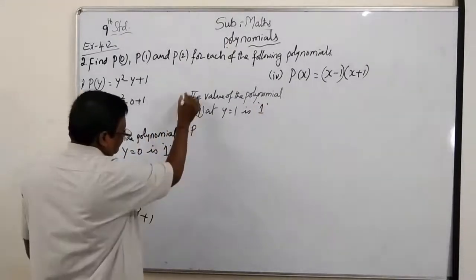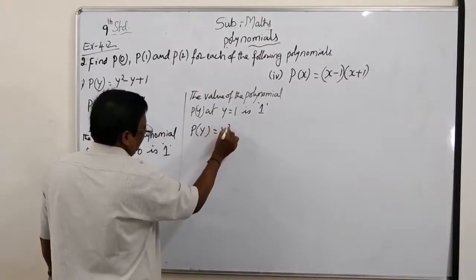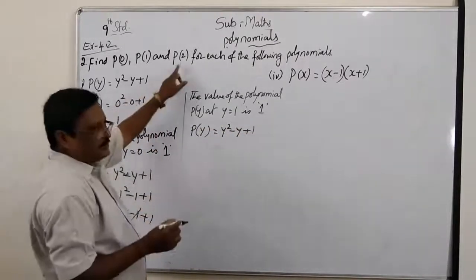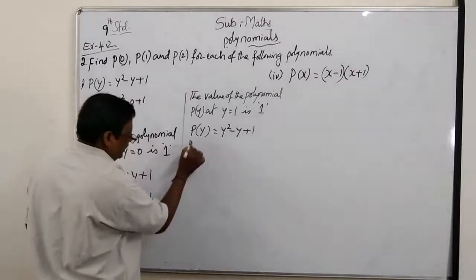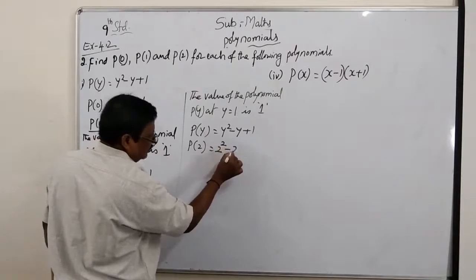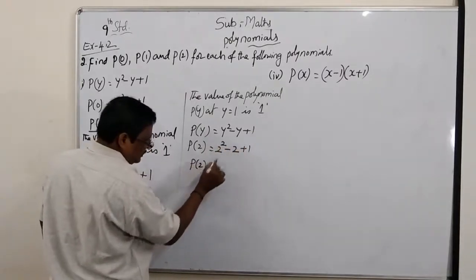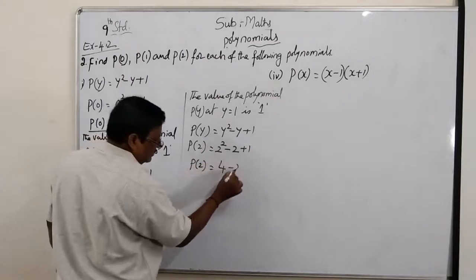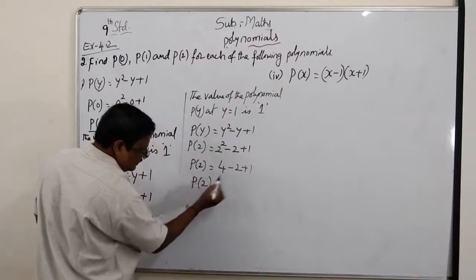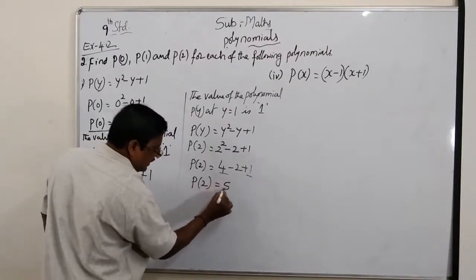Next, p of y is equal to y square minus y plus 1. Y is equal to 2. P of 2 is equal to 2 square minus 2 plus 1. P of 2 is equal to 2 square means 4 minus 2 plus 1. This is a plus number, this is a plus number, 4 plus 1 is 5, minus 2.